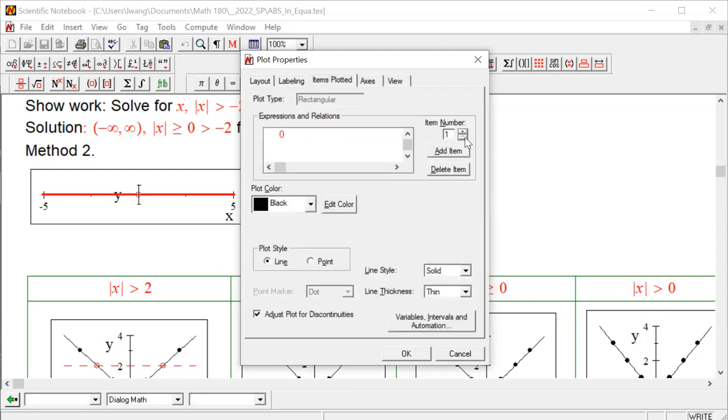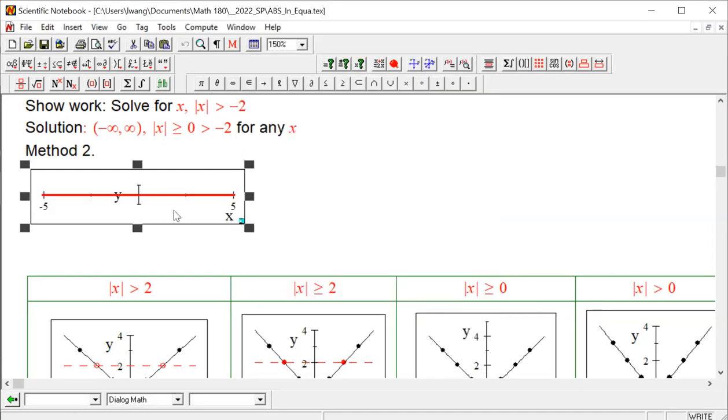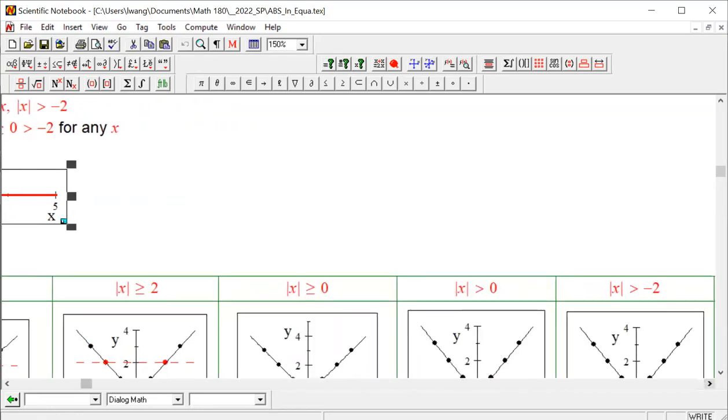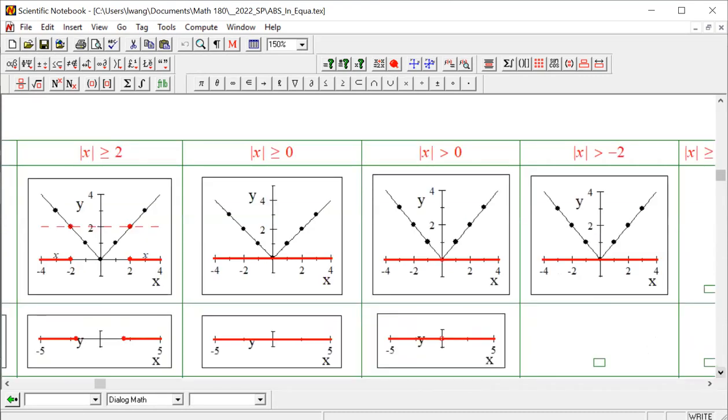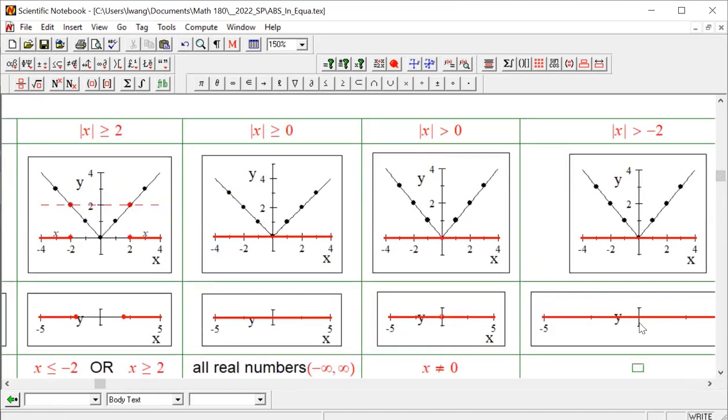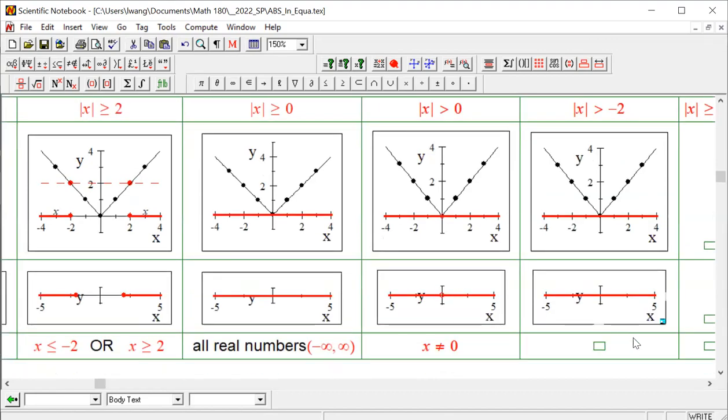And in this case, of course, we're going to remove that 0, and it's just going to be that. And that's it. The whole real number line, the entire number line for that case. Okay, and the solution is all real numbers from -infinity to +infinity.